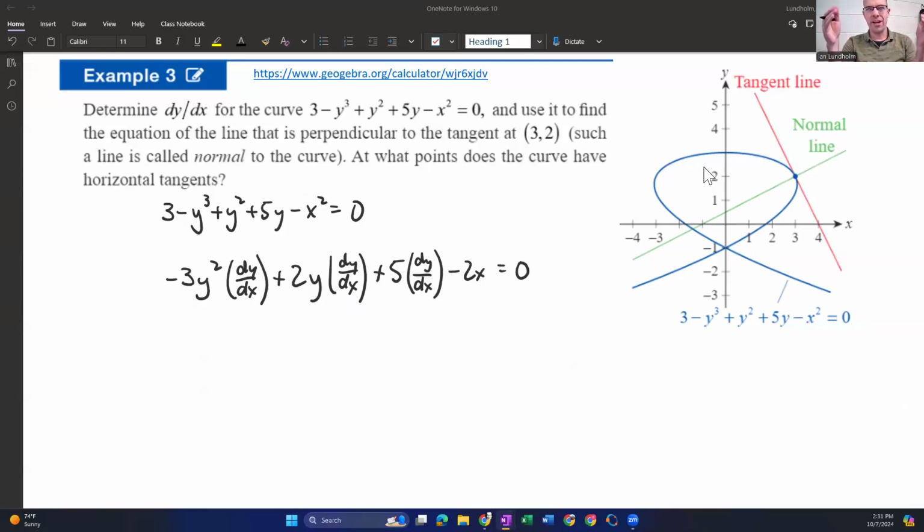But since we've already done the calculus and we already know that there's a point that we are interested in, one of the things you can do to save yourself some time is just to start plugging in those values for the point right now.